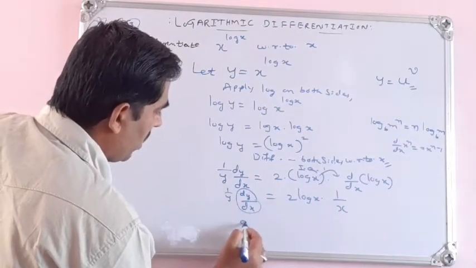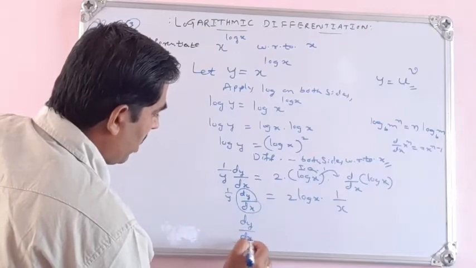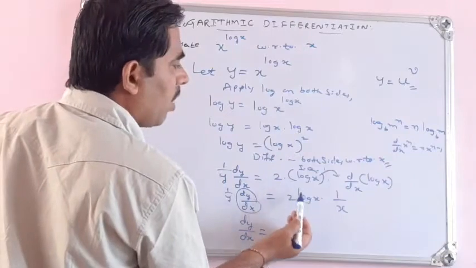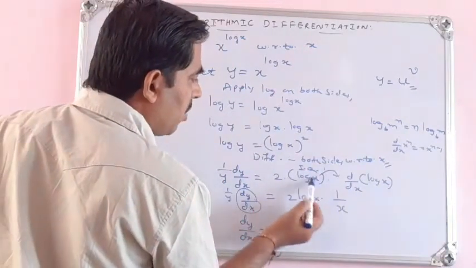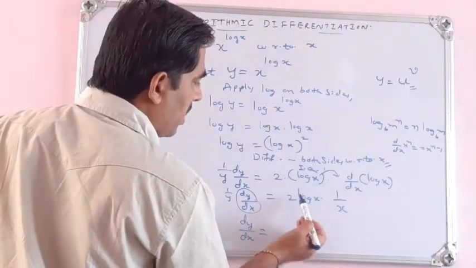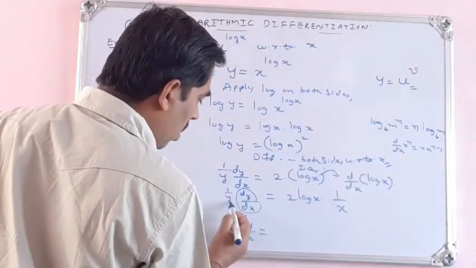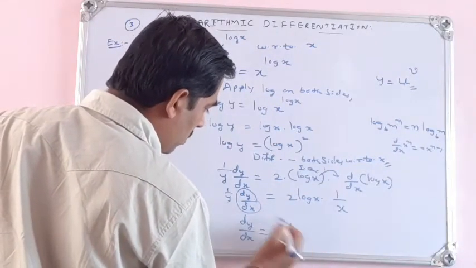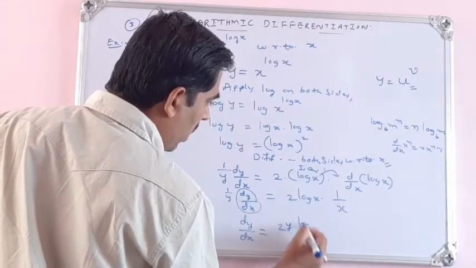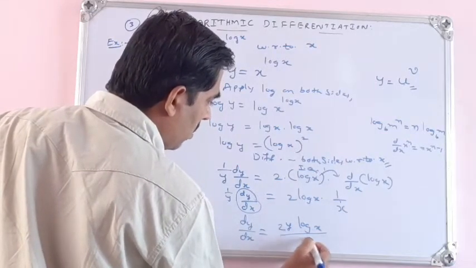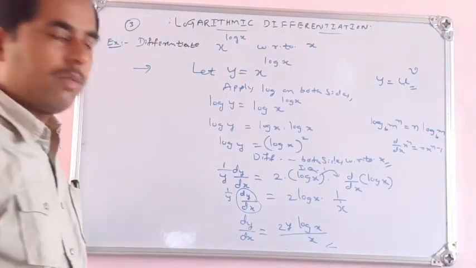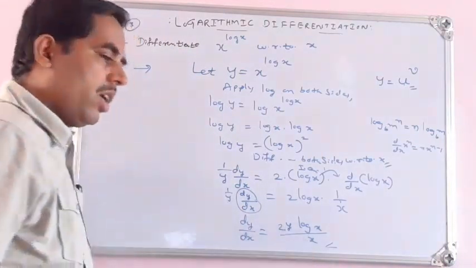Now, dy by dx is equal to, shifting y to the right, 2 log x into 1 by x, so 2 log x divided by x, and y comes here. So I will write 2y, and cross multiplying, 2y log x into 1, that is log x divided by x. So this will be the derivative of the given function: 2y log x divided by x.